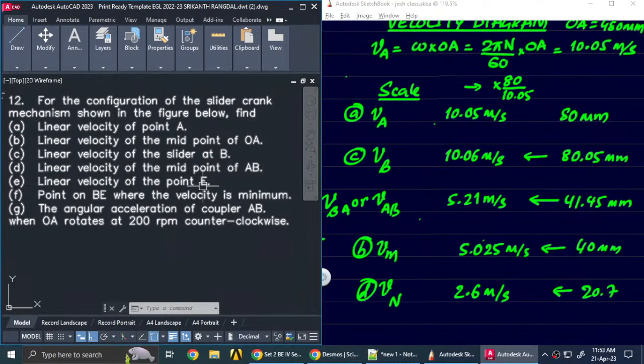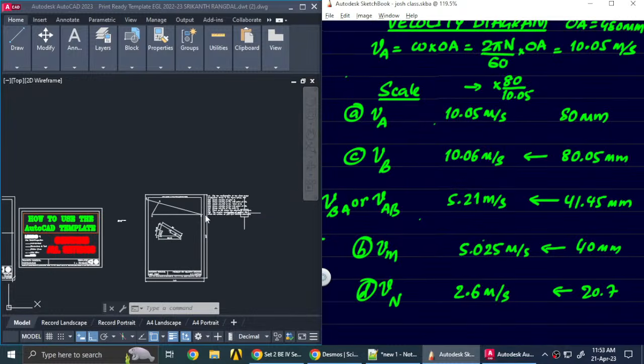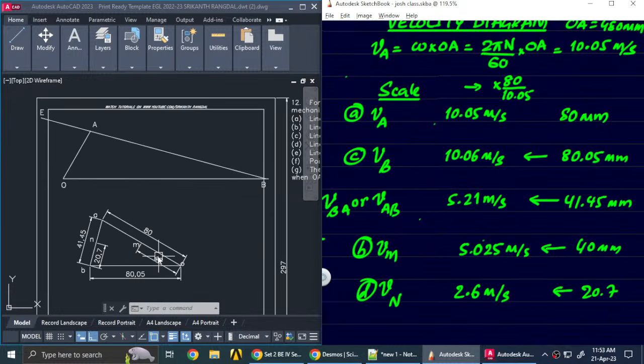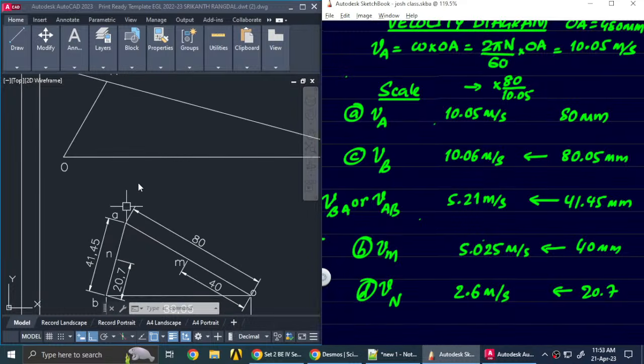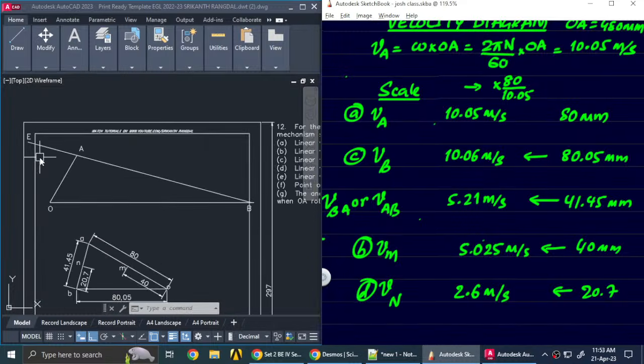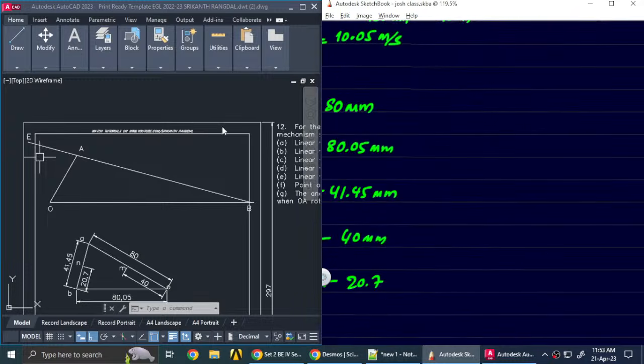Now the linear velocity of the point E. You can see E is on the extended side over here. BA has been extended to get the point E. So similarly here, small ba we need to extend in order to get the point E, and the ratio needs to be maintained the same. So AB by AE, this ratio needs to be maintained with the velocity diagram.